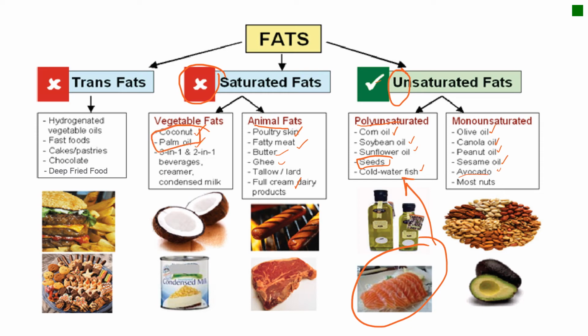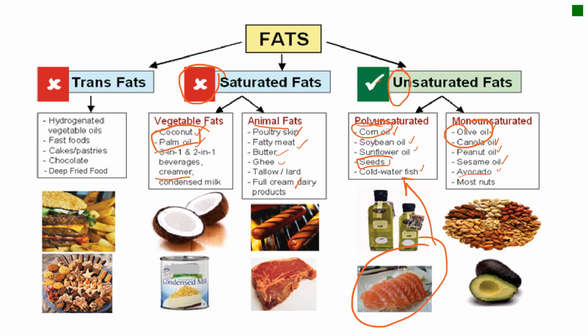So in daily life, you know that the cheapest oil is actually palm oil. While corn oil and olive oil are usually the expensive types of oil in the supermarket. Yes, it is because not only is the production higher in cost, but also simply because unsaturated is healthier, right?